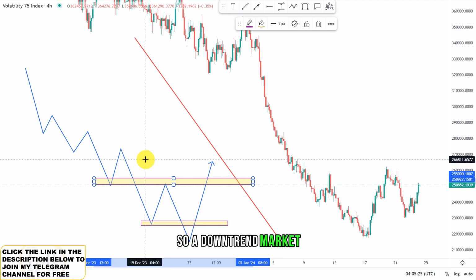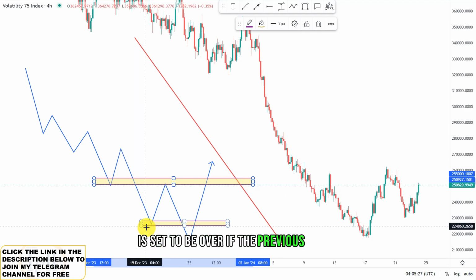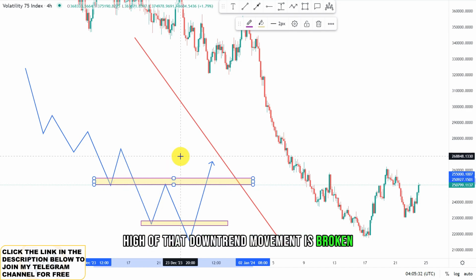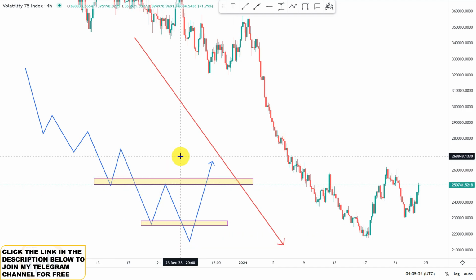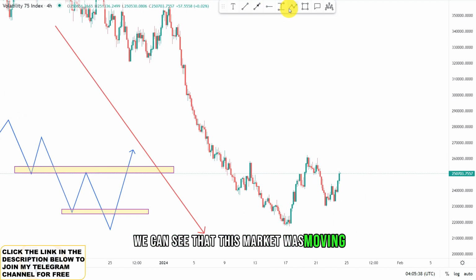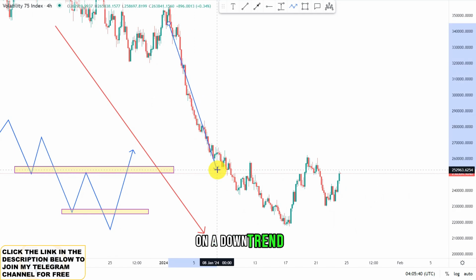So our downtrend is said to be over if the previous lower high of that downtrend movement is broken by a full body candlestick.